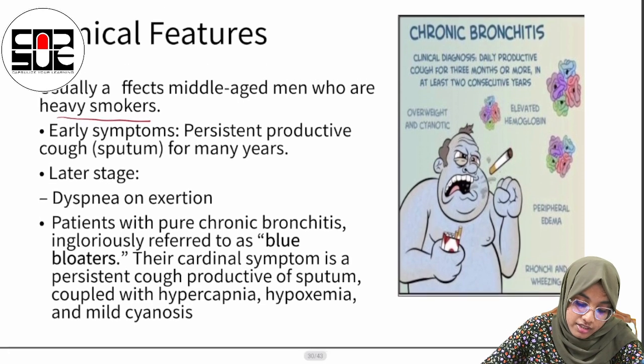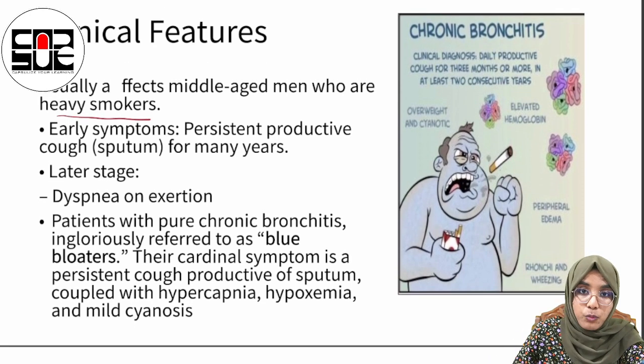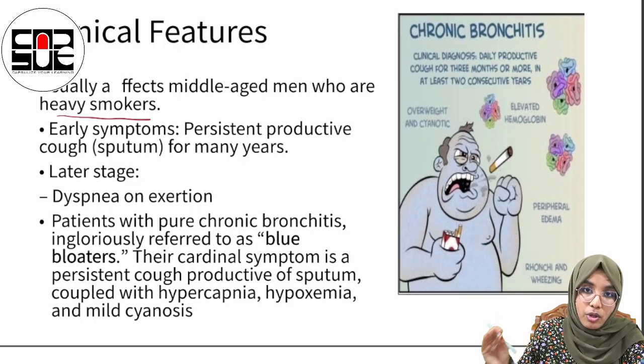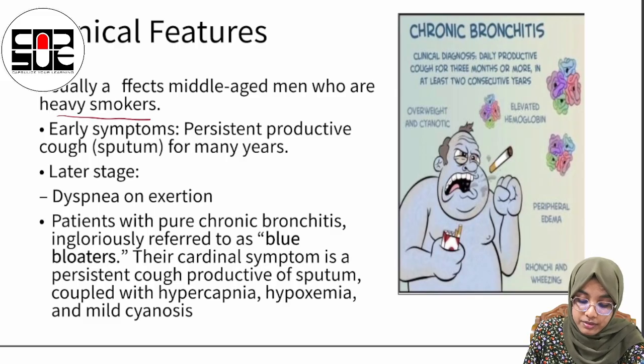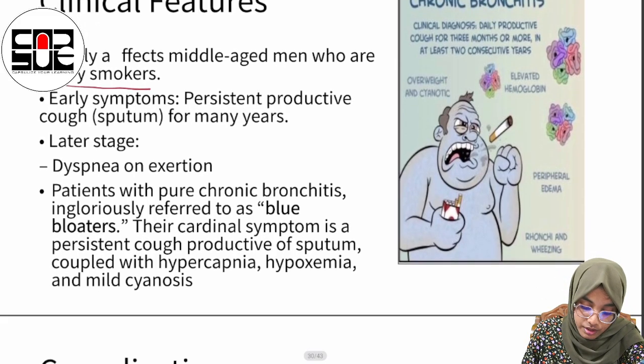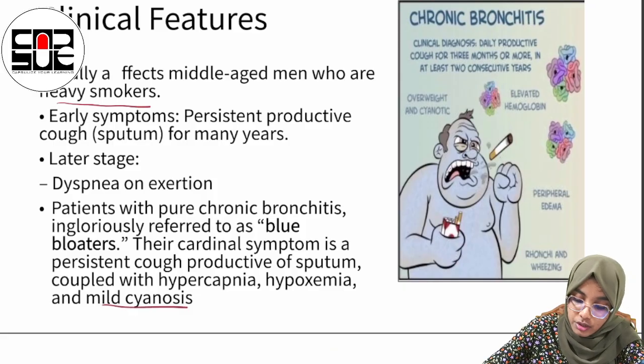Patients with pure chronic bronchitis are also referred to as blue bloaters. At one end of the spectrum, patients with purely emphysematous signs are pink puffers, and on the other end, patients with predominantly chronic bronchitis symptoms are blue bloaters. What are their symptoms? There will be mild cyanosis. Check out this blue man.